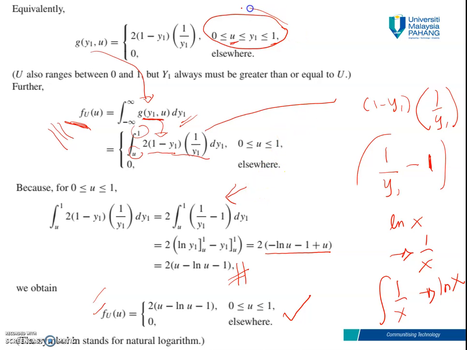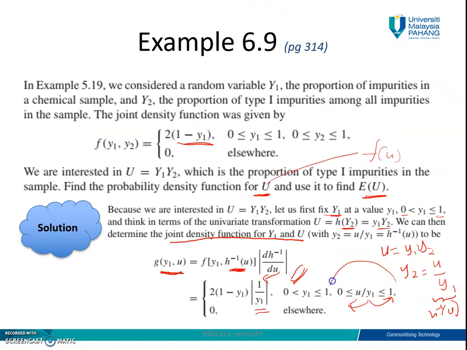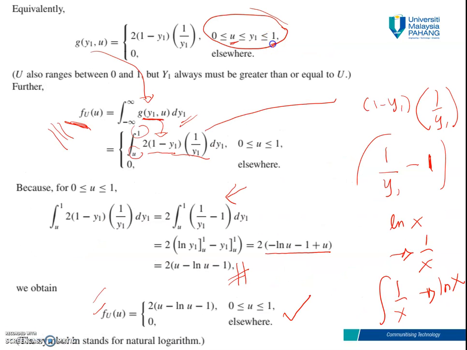Don't forget to do the limits as well. You integrate y1 because this is the marginal density function, then you simplify, substitute the value, and you get the density function of u. So that's the main objective of this question.